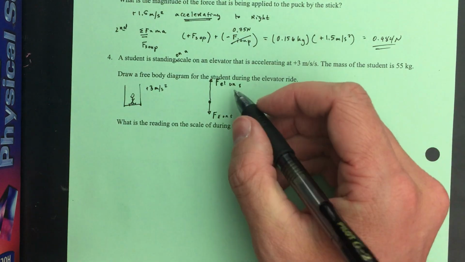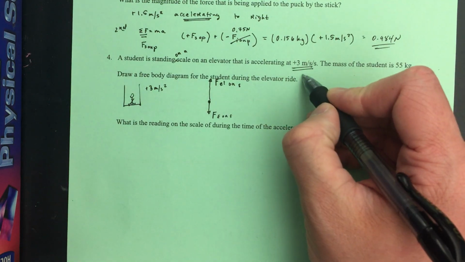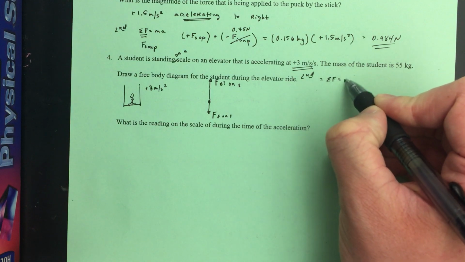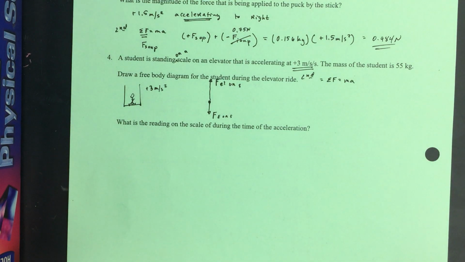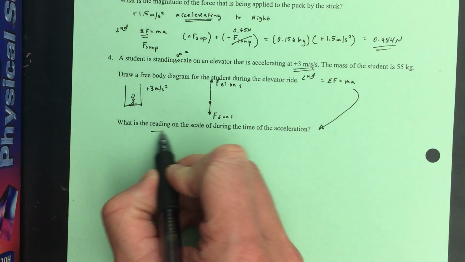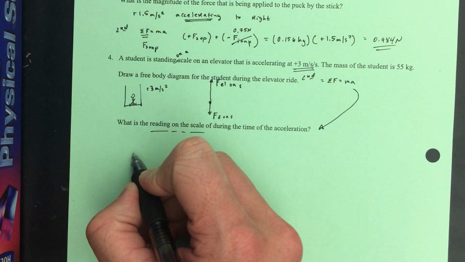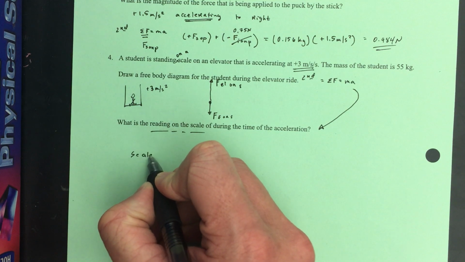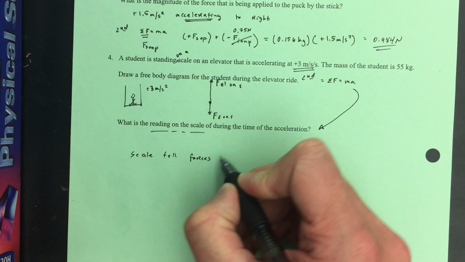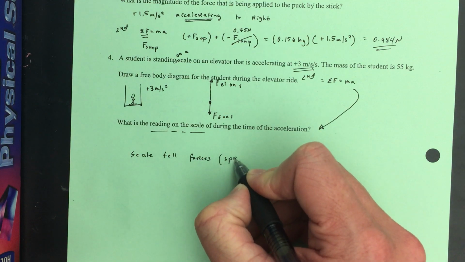So again, we know that there's an acceleration, so that leads us to Newton's second law: the sum of the forces is equal to ma. Down here, we want to know what the reading on the scale is. Something to remember: scales tell forces. So that's like the spring scale that we use in class.